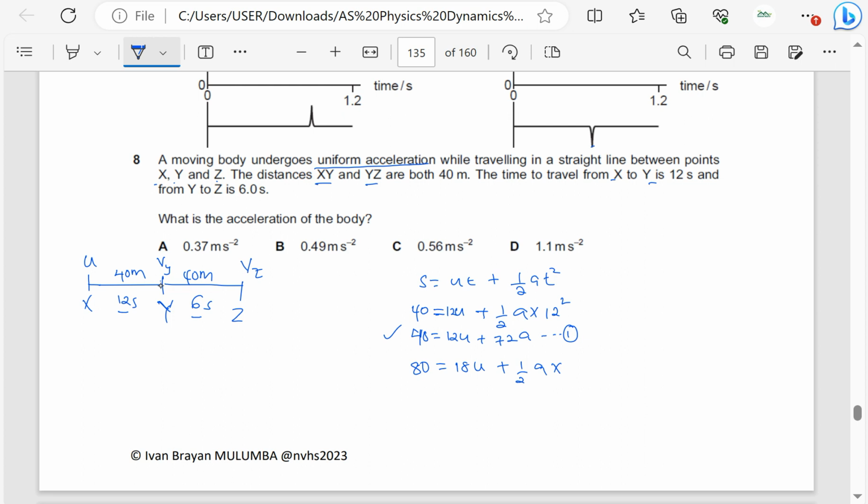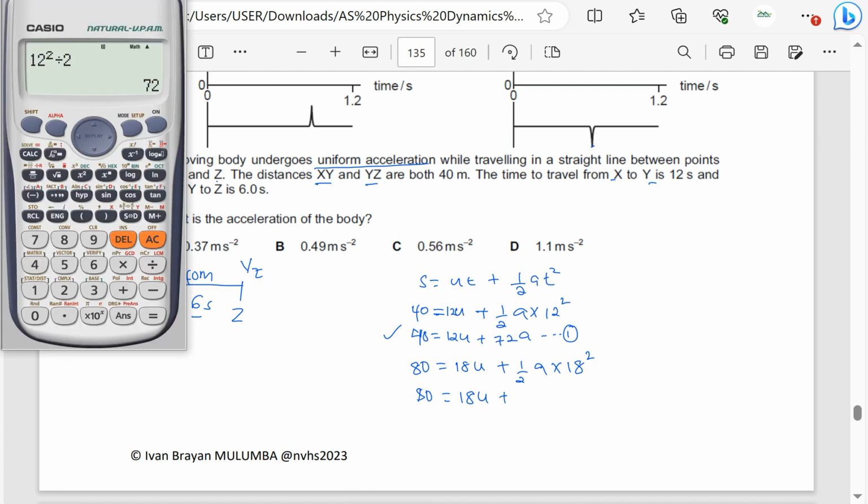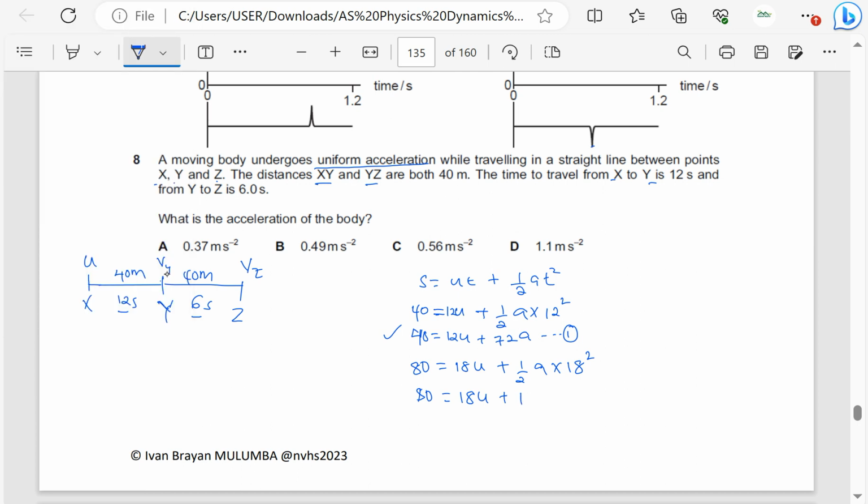So this means 80 is equal to 18u plus 18 squared divided by 2, which is 162, so 162 times a. So this is going to be the second equation.